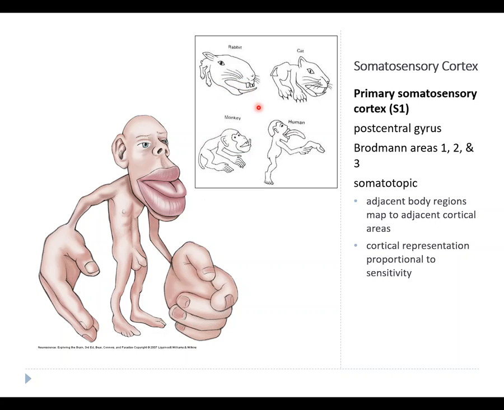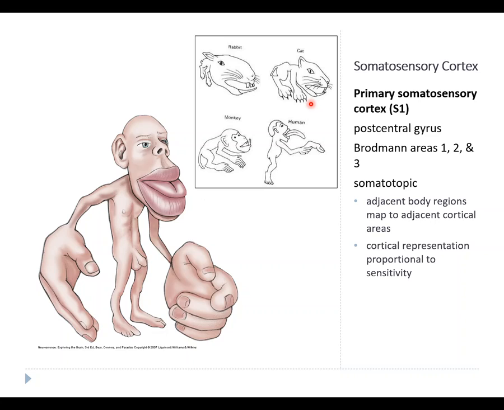And then if you look in rabbits and cats, rabbits have very teeny tiny representation of their feet compared to the actual size, whereas the teeth and the snout and the whiskers are very much highly represented. Whereas in cats, meanwhile, again, face, especially the whiskers, is overrepresented, but they do have a lot of representation of the paws.